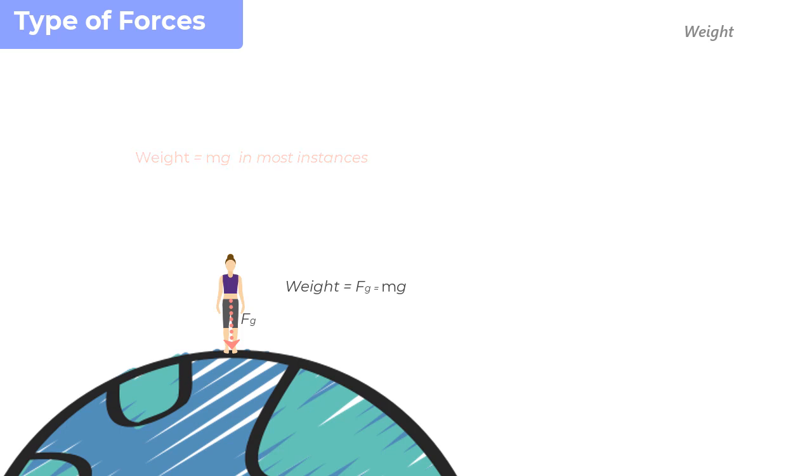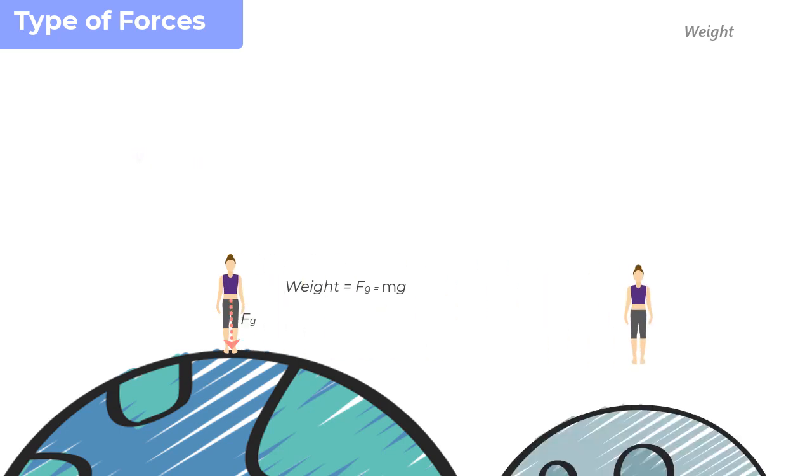So imagine you are standing on the moon. The acceleration due to gravity there is different from that of earth. So the formula mass into gravity of moon would result in a smaller force than mass into gravity of earth, or your weight would be less on the moon compared to earth.